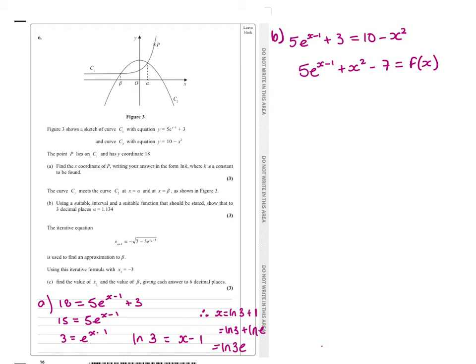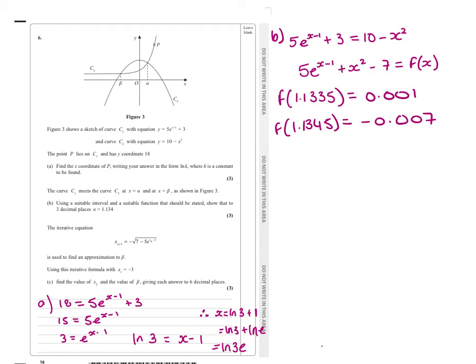So now we need to show that alpha equals 1.134. So if I substitute in f of 1.1335 and f of 1.1345, then hopefully when we put these in, we're going to get a sign change. So I'm going to get 0.001 and minus 0.007.